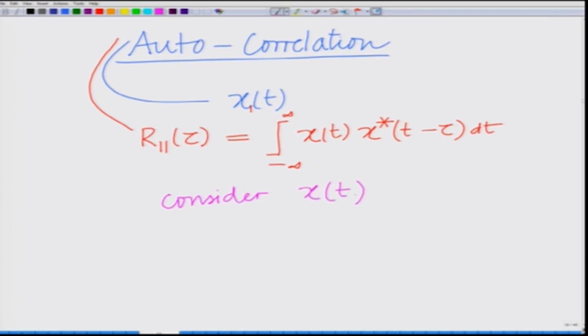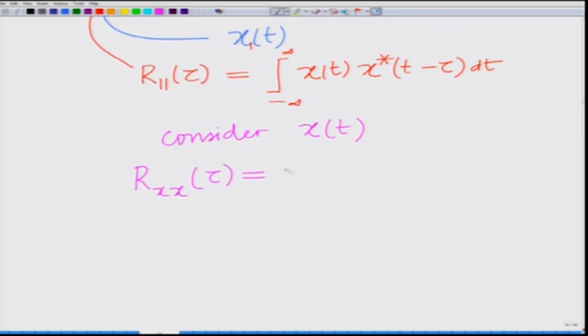For x(t), the autocorrelation can also be denoted by Rxx(tau). Instead of R11(tau), you will also find Rxx(tau) or Rx(tau) used for the autocorrelation, that is, the integral from minus infinity to infinity of x(t) x conjugate of (t minus tau) dt.